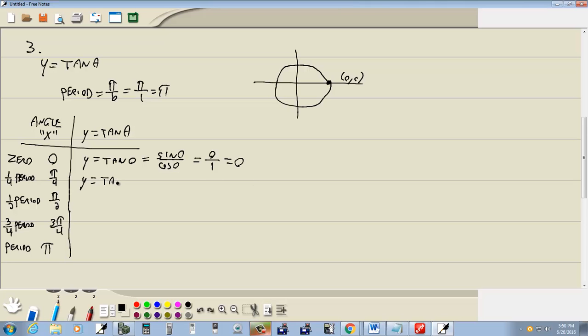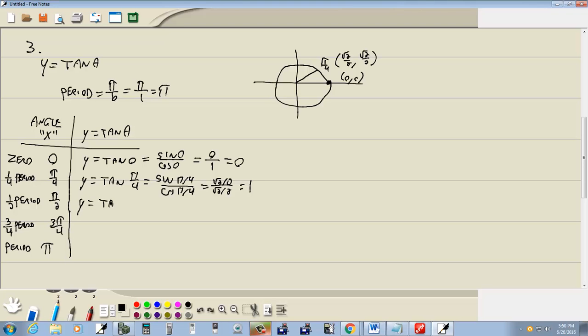And if I got y is equal to tangent pi over 4, pi over 4 is square root of 2 over 2 and square root of 2 over 2. And so this becomes sine of pi over 4 over cosine of pi over 4. So we got square root of 2 over 2 over square root of 2 over 2, which gives us 1.